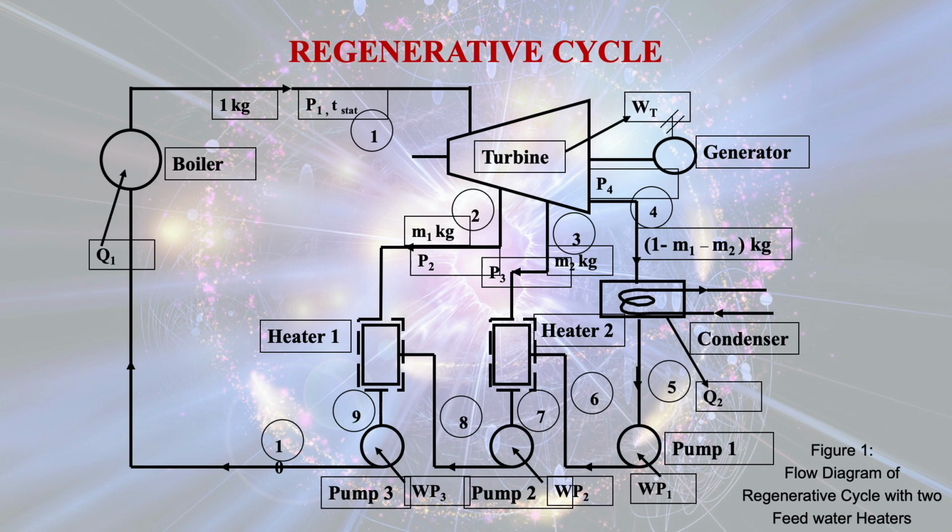Let us see how we can calculate the work done by the turbine, the work done by the pumps, the heat added to the water in the boiler, and the heat rejection in the condenser.